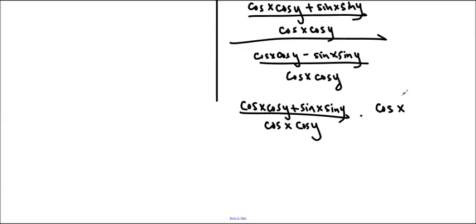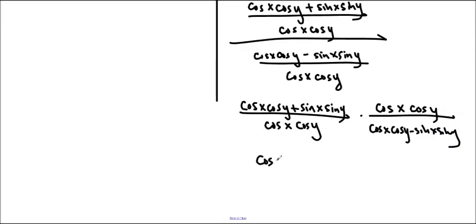So because it's getting divided, I'm going to flip it over and make it a multiplication, because I can do that with fractions. So cos x cos y minus sine x sine y. And then I just cross out my cos x cos y. Remember, if you have a plus, you're not allowed to do that, or a minus, so watch out for that.